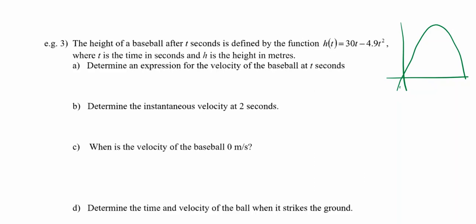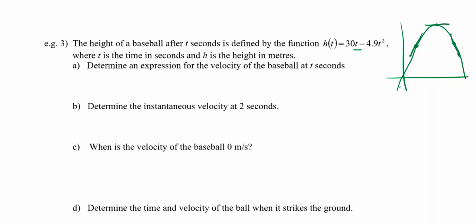Now they're saying what's the velocity at any given point, so really we want to know what the slope is at any given point. Maybe at the top, maybe on the sides, whatever it is. But we want a general equation that I can plug time into for any place on this graph, and it'll give me the velocity. So let's derive an equation for the velocity of the ball at any given point.